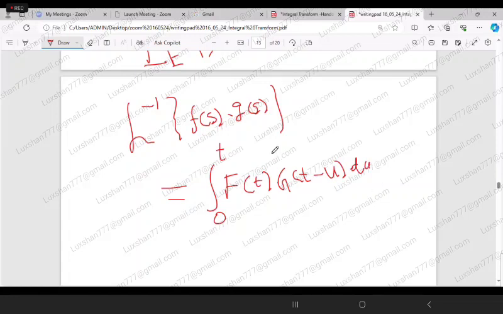So this is actually called the convolution theorem.